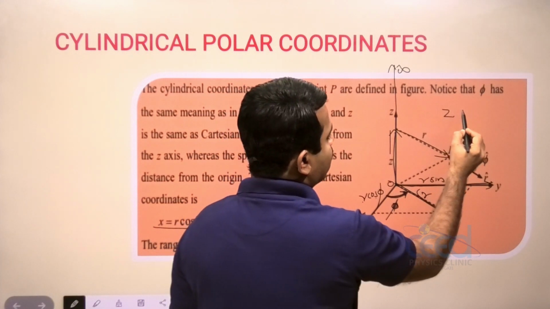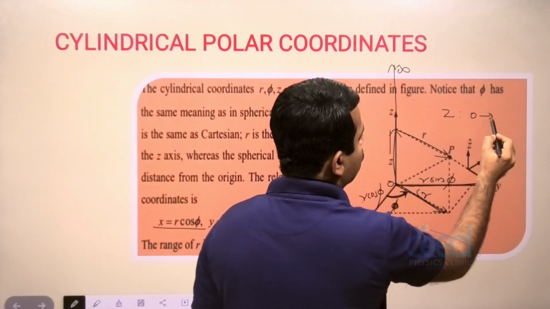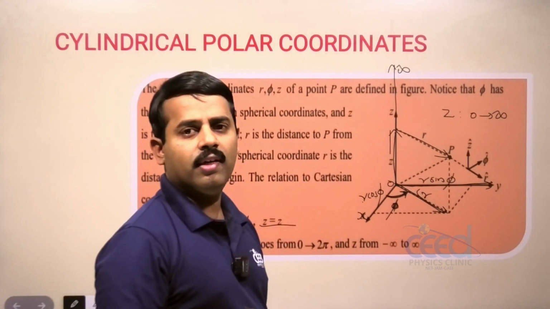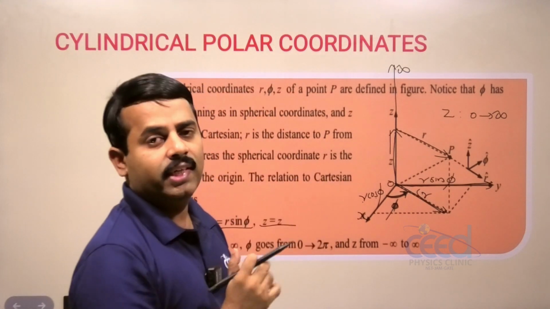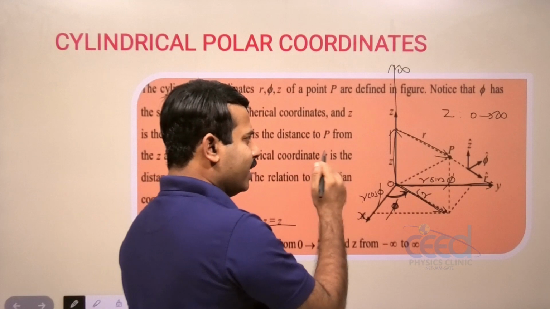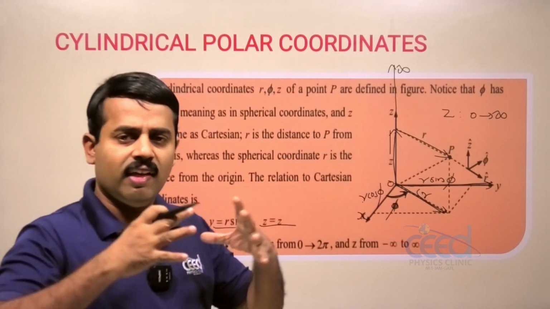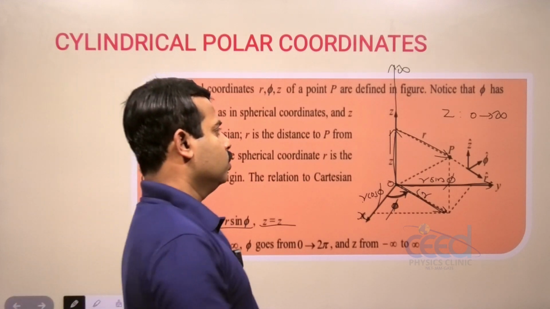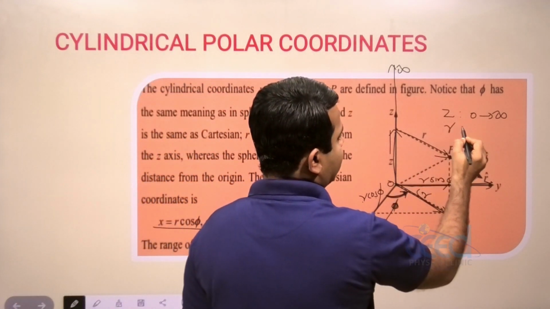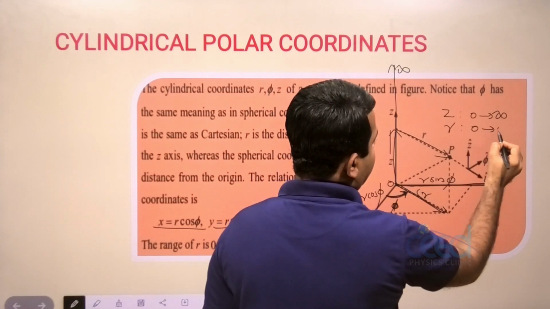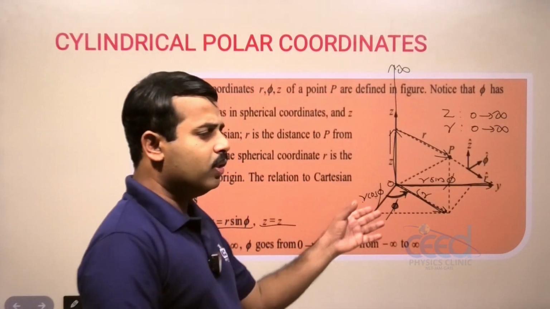So z you can select from 0 to infinity, that is, the length of the cylinder along the z axis. Now radius, any cylinder with any radius, infinite radius, so the r direction you can take as 0 to infinity. But look into phi.